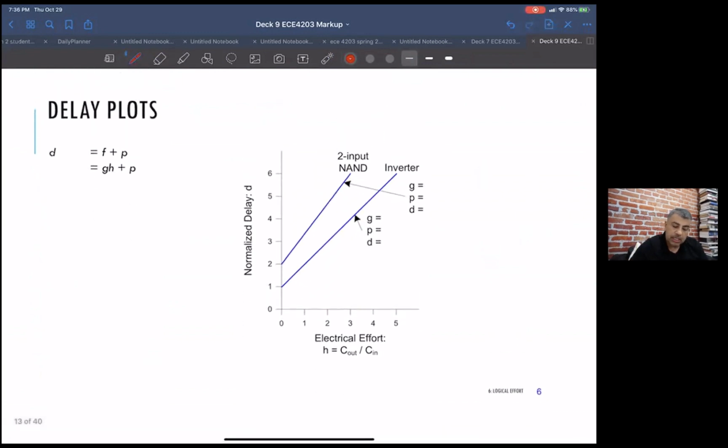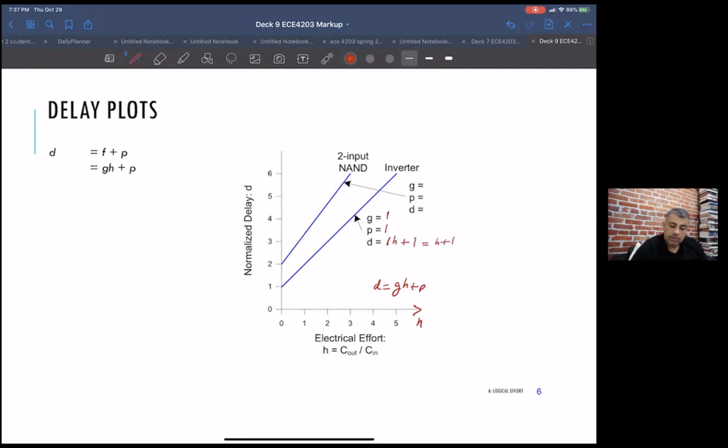Okay, so basically for an inverter, G is equal to 1, P is equal to 1, and D is 1. Remember, D is G times H plus P. So D is equal to 1 times H plus 1, so just H plus 1.